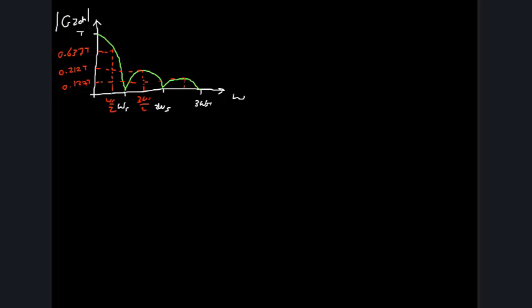Now, if we need to plot the angle of the zero order hold, as we stated before, the value of the angle will be minus pi at omega s and multiples of omega s.